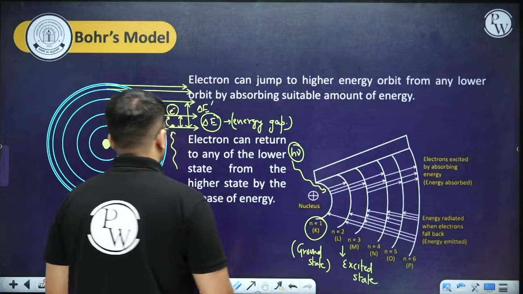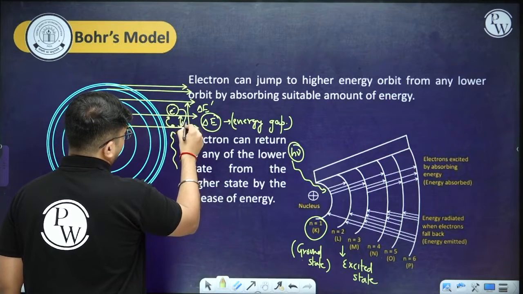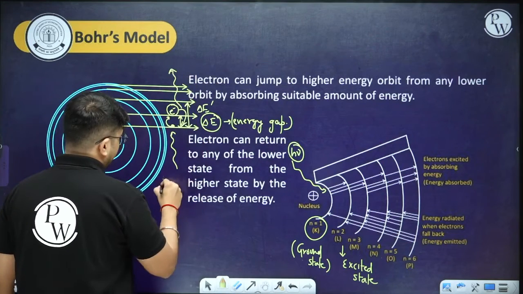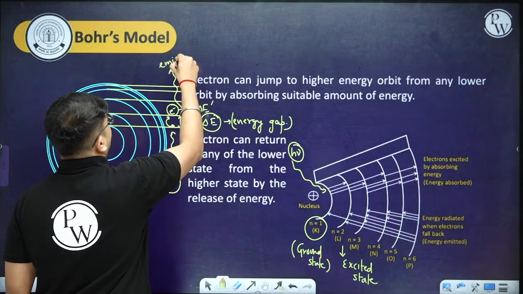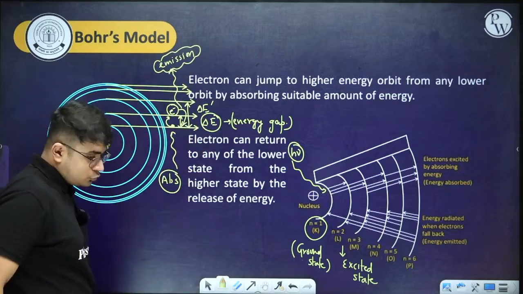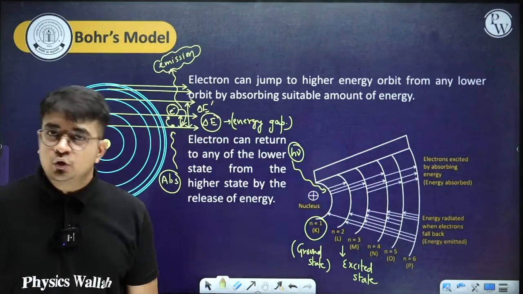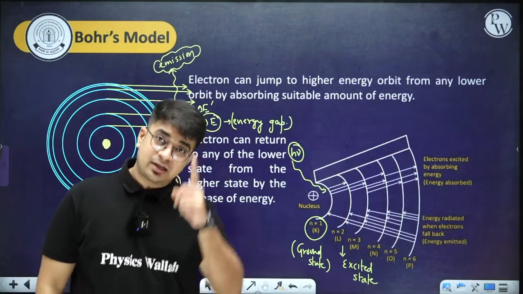So what happens then, this electron eventually tries to release the energy to come back to its ground position, and there is some loss of energy. It is the absorption of energy, first part, then it's the emission of energy. And this emission belongs to a specific wavelength region or a specific frequency region, so that you can see some sharp spectral lines which correspond to the electron transition happening.